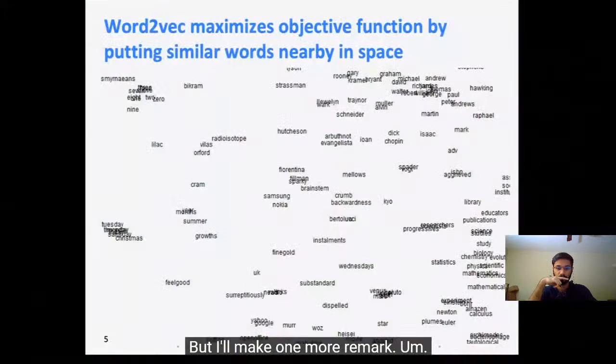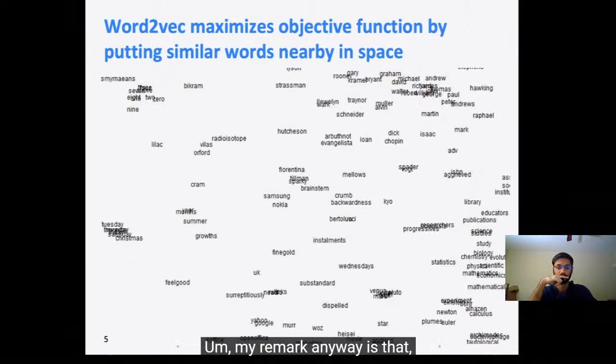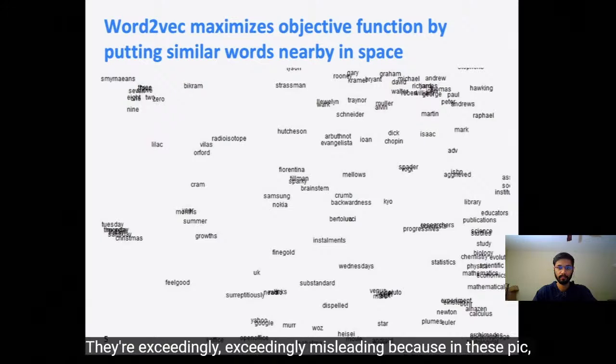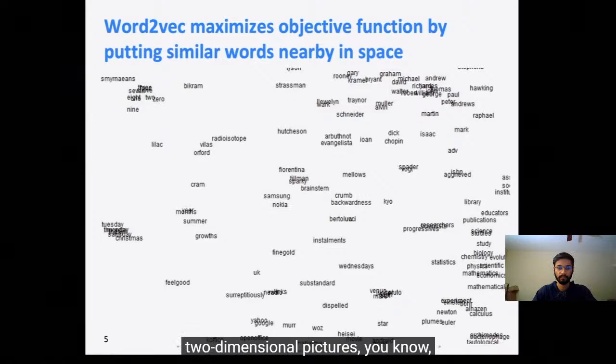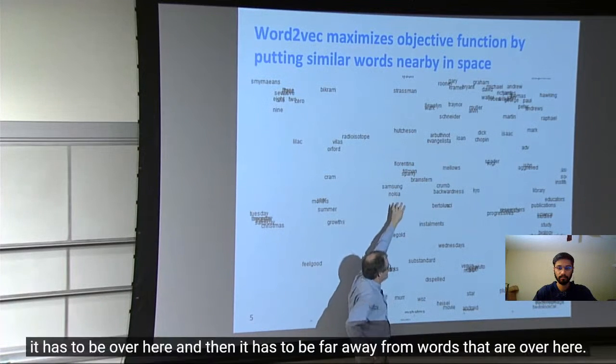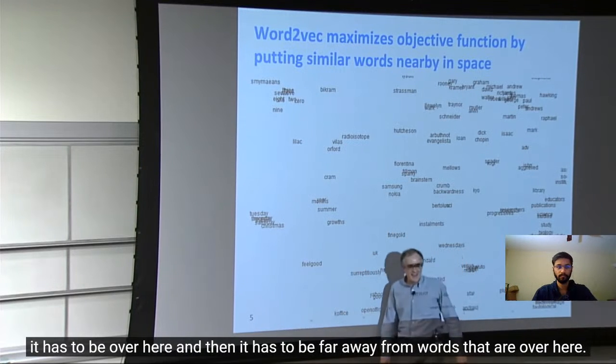But I'll make one more remark. We show all these 2-dimensional pictures. They're exceedingly misleading, because in these 2-dimensional pictures, you have these effects that if Samsung is close to Nokia, it has to be over here, and then it has to be far away from words that are over here.